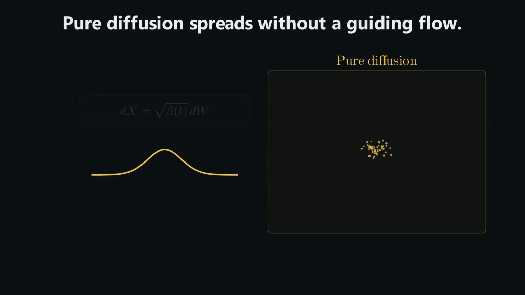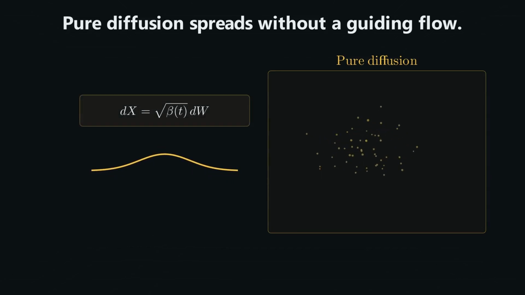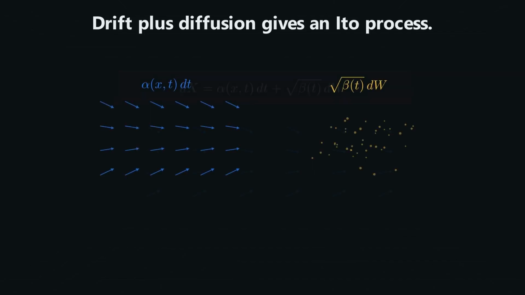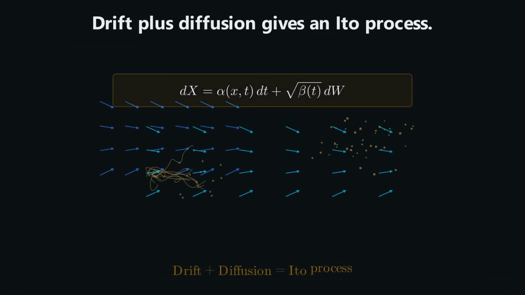On the right side, we have pure diffusion. Even if the water is still, the oil particles do not stay perfectly fixed. Random microscopic motion makes them spread. They jitter, collide, and gradually move outward. This random part is written as dx equals square root beta of t times dW. Now we merge the two halves.